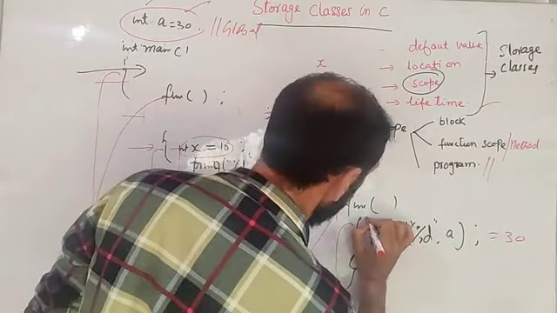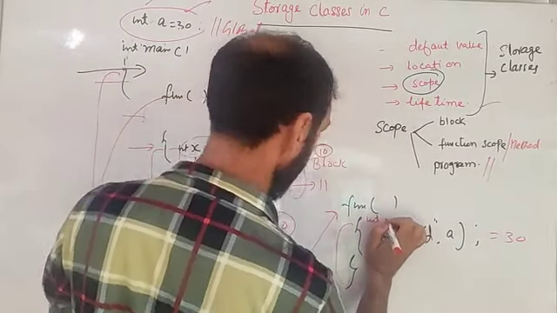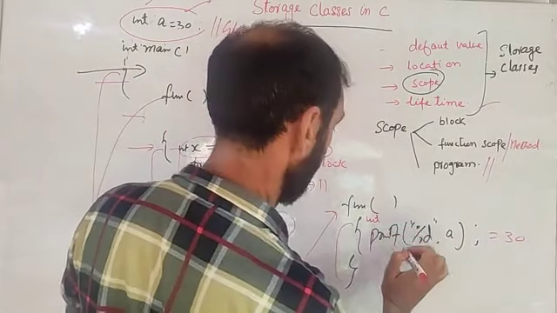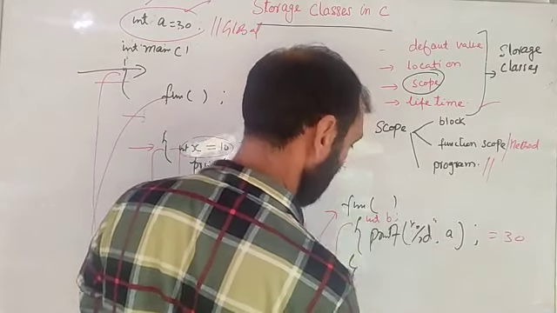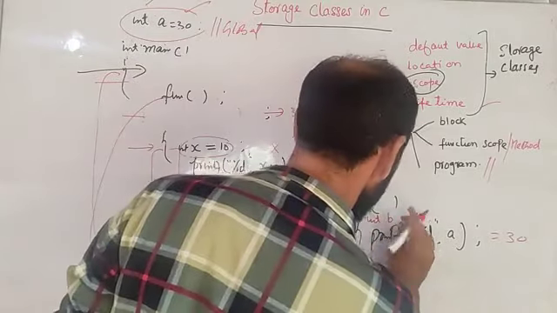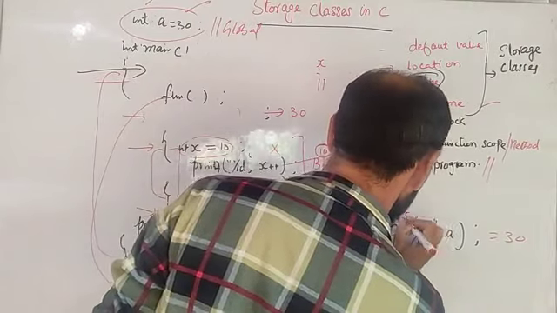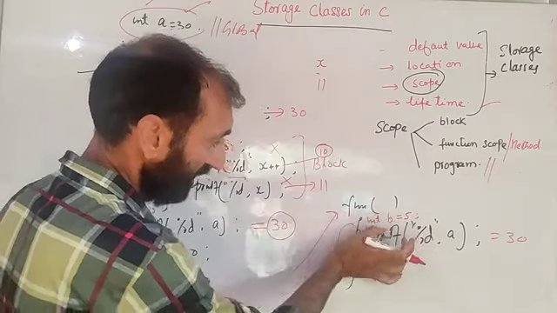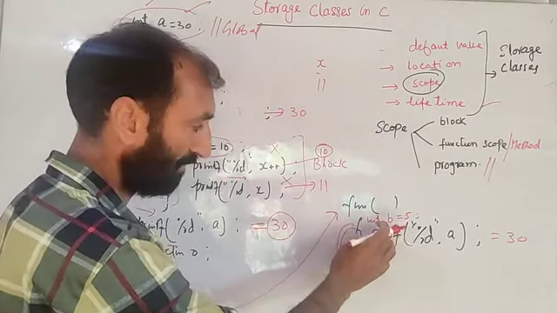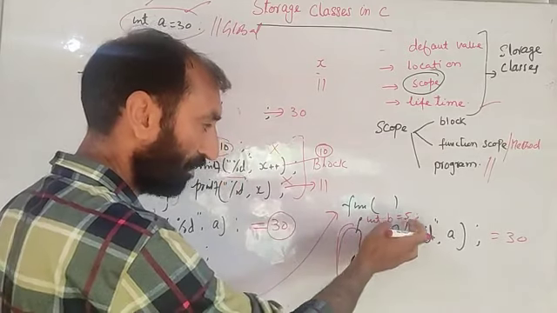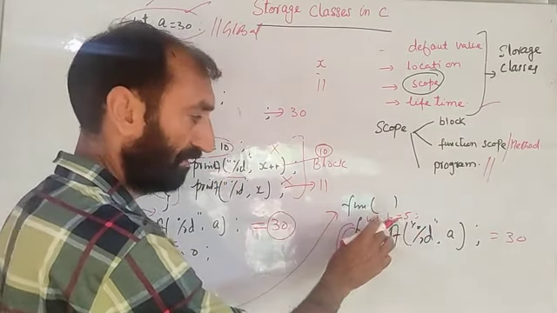And if I write int b equal to 5, for example, this b is local to this function. Here I have declared a variable b and stored 5 in that variable.